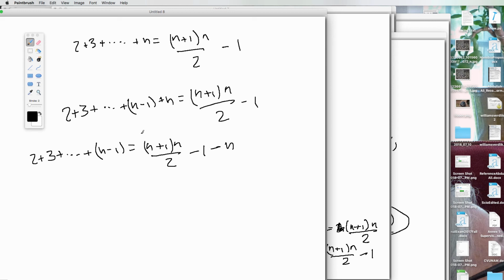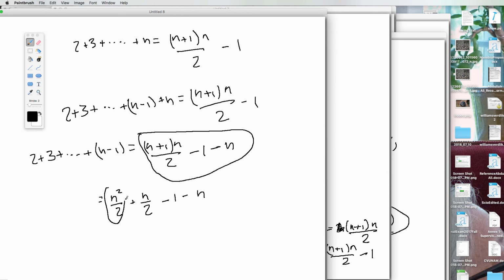So I want to come over here and simplify this expression right here. First of all, that is going to be equal to n squared over 2, plus n over 2, minus 1 minus n. So what I would like to do is combine terms, or I can make the following note. Notice that here I have a polynomial.